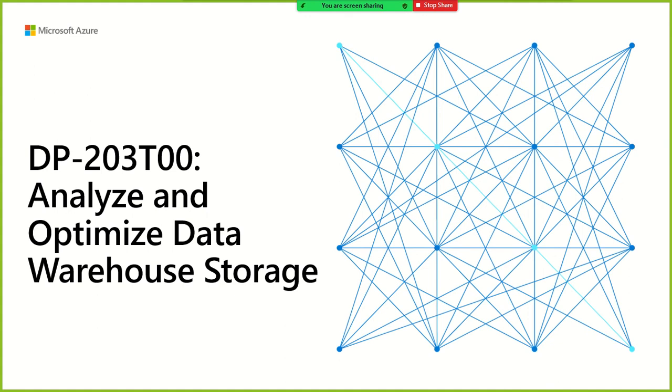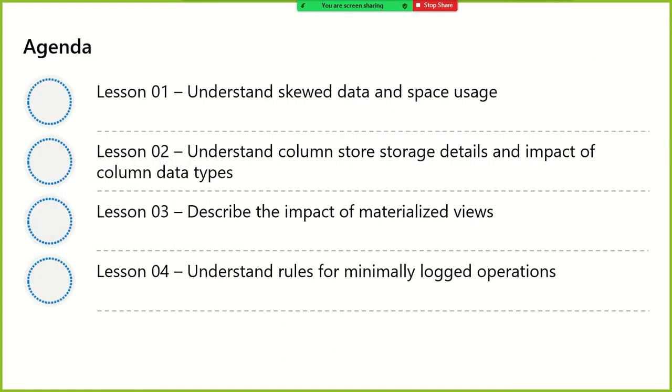We'll look at that in this lesson, and of course the lab that follows will also provide you hands-on experience with it. First we need to look at skewed data storage usage. How is data storage being used? Then we look at understanding the different column store storage options that are available and the impact of column data type. What is the impact of the different data types that you use?